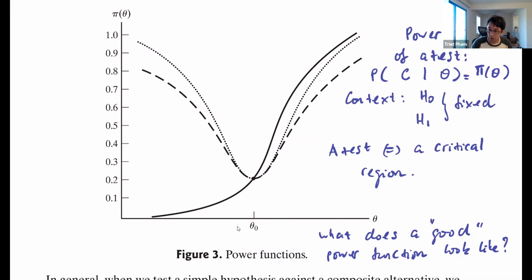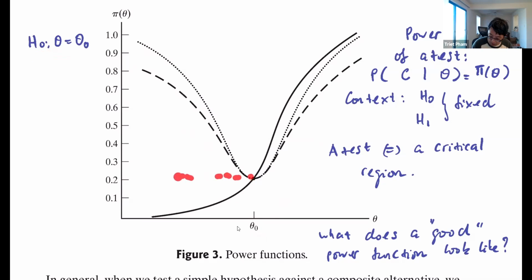Theta naught here must be the null hypothesis.